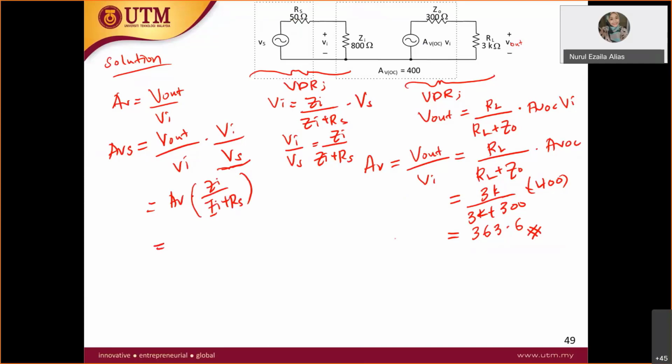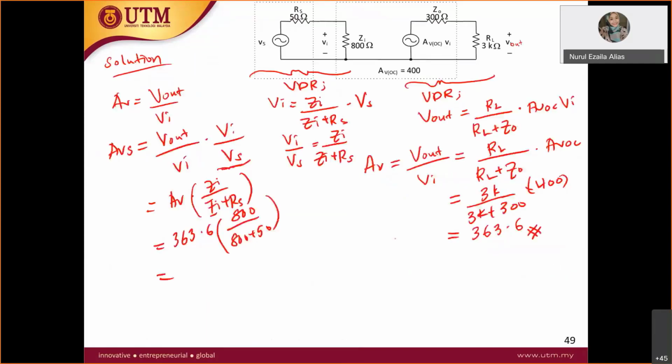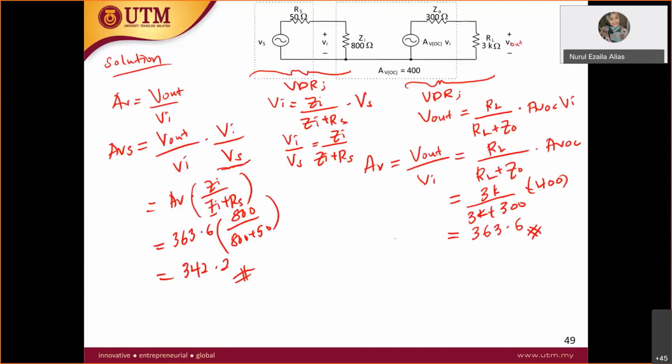So you can calculate the value: 363.6 times Z in over 800 plus 50, and you will get the final answer. Is it the same answer, 342, students? Yes. I didn't calculate, but I hope it's correct. That's how you get AV and AVS. So this part is clear.